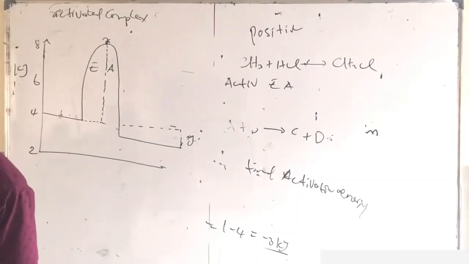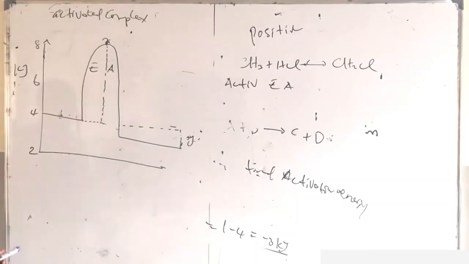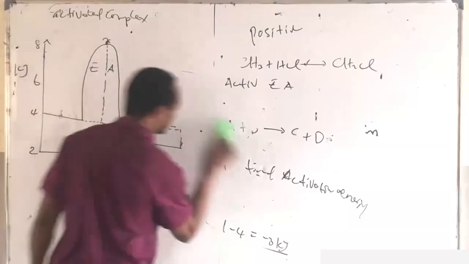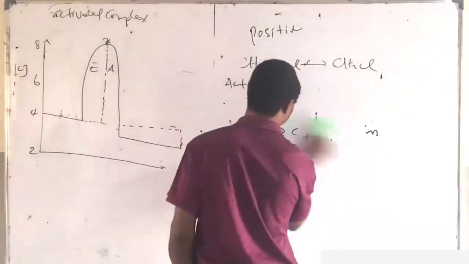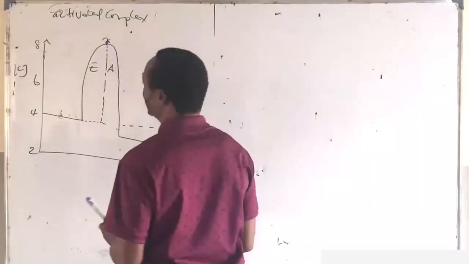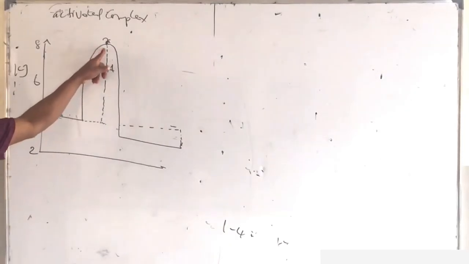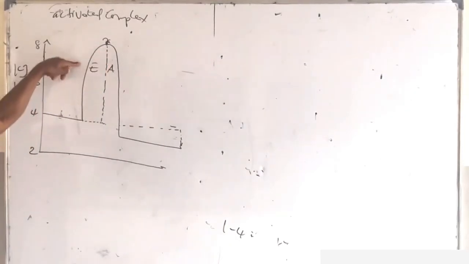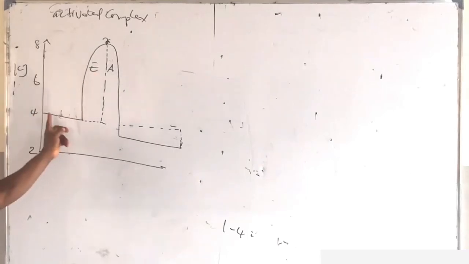Now, one of the factors affecting the reaction rate is the catalyst. You may have in this diagram a catalyzed reaction. A catalyst normally decreases the activation energy. A catalyst only tries to decrease the pathway through which the reaction travels.